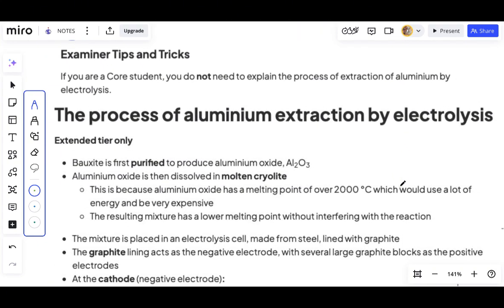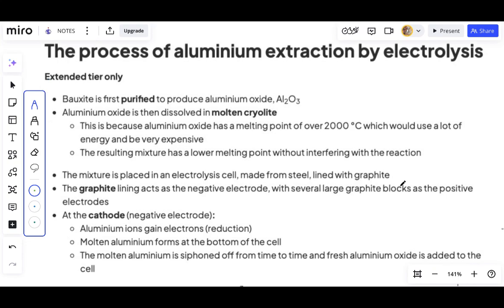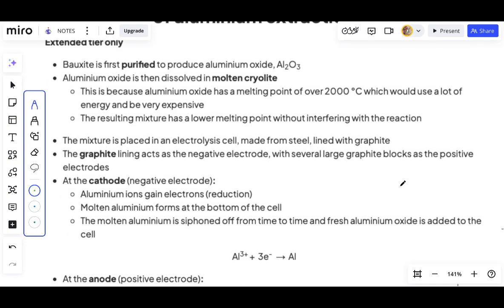Now let's take a look at the process of aluminum extraction by electrolysis. First, the bauxite is purified. Always remember that it's the pure bauxite that we will put in molten cryolite. We first purify the bauxite to produce aluminum oxide.